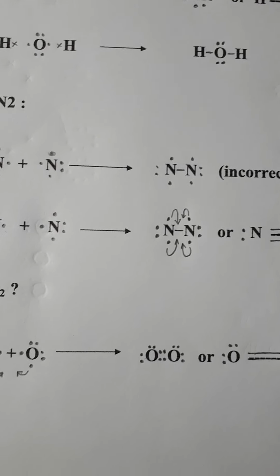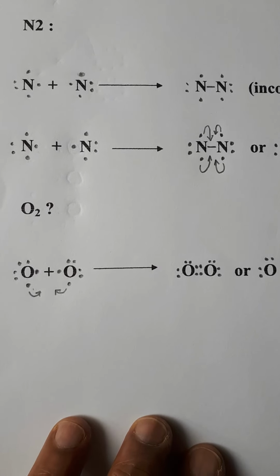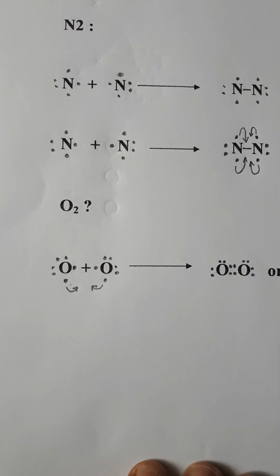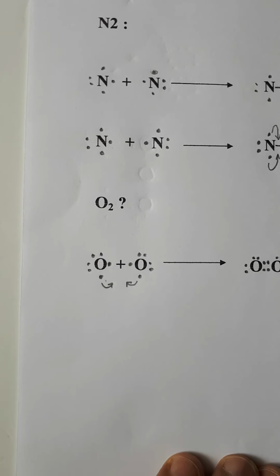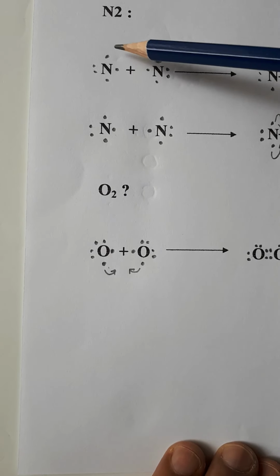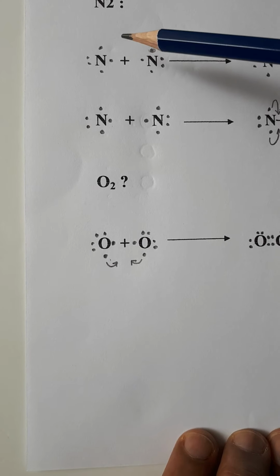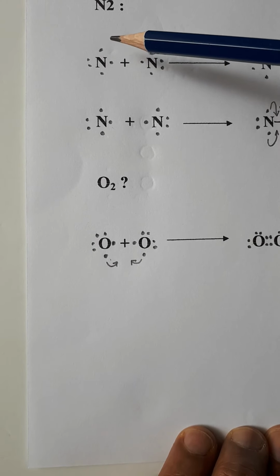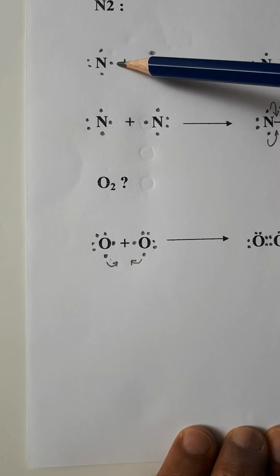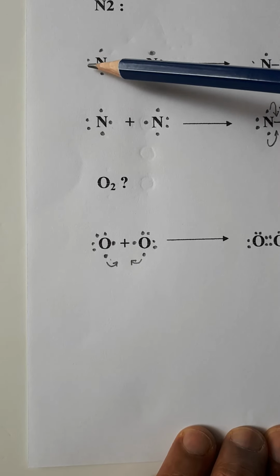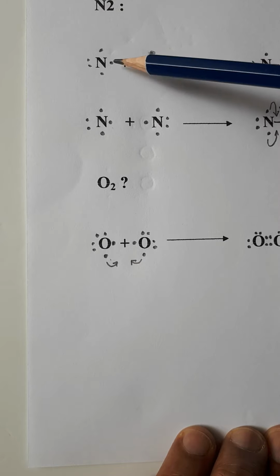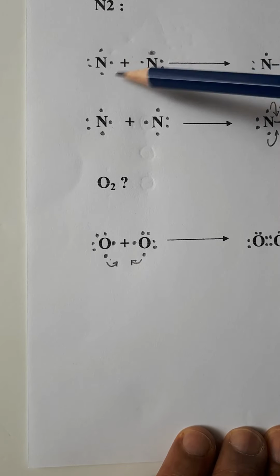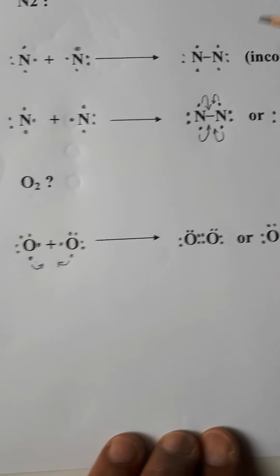Now the last two examples, nitrogen and oxygen. Nitrogen atom has 5 electrons in the outermost shell, and I want to draw the Lewis symbols like this: 1, 2, 3, 4, and the fifth one I put here because I want to keep this place empty so that they can share the 2 electrons.